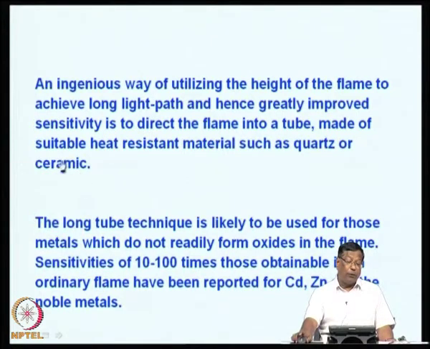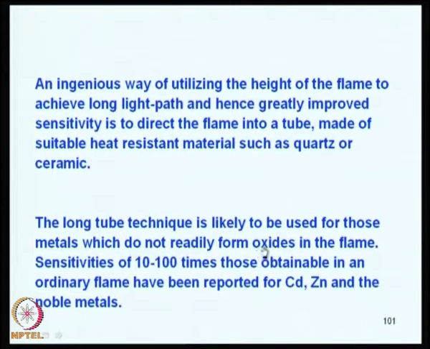They are known to withstand very high temperatures of the order of about 3000 degrees centigrade. So, this long tube technique is likely to be used for those metals which do not form oxides in the flame. If they form oxides, they will not ionize. That is very important in the analysis of oxide forming elements.